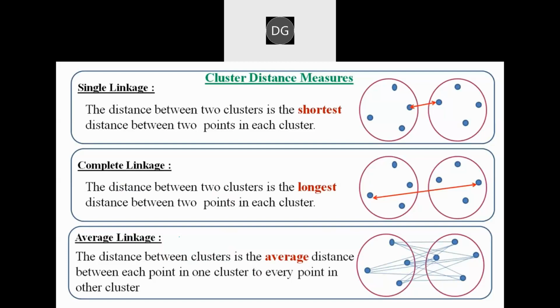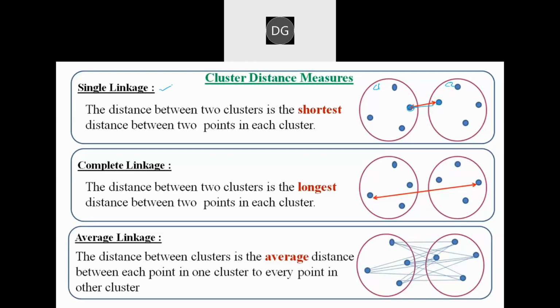Assume there is cluster one and cluster two. From cluster one we find the closest point to cluster two, and similarly from cluster two the closest point. The shortest distance between one cluster and the other is found and used to combine them as one cluster. That is called the single linkage method.